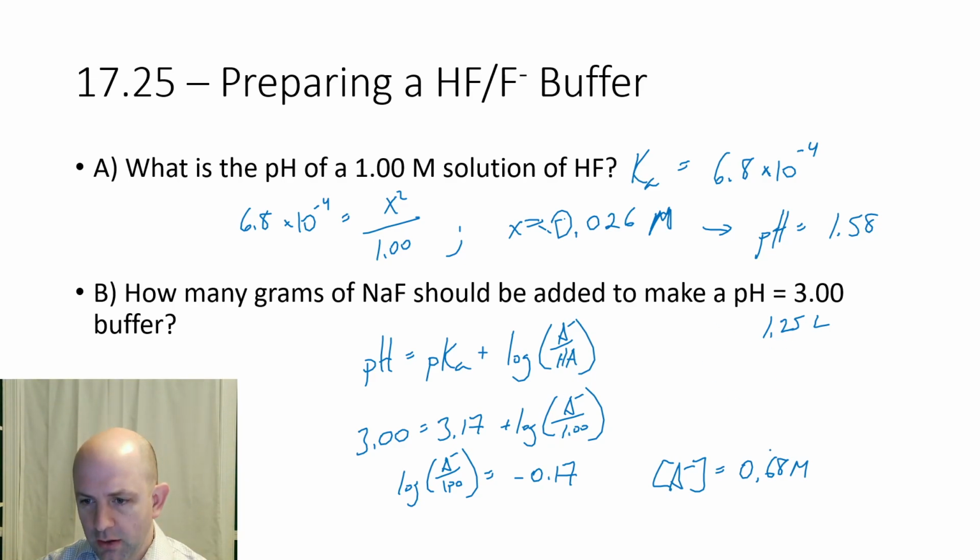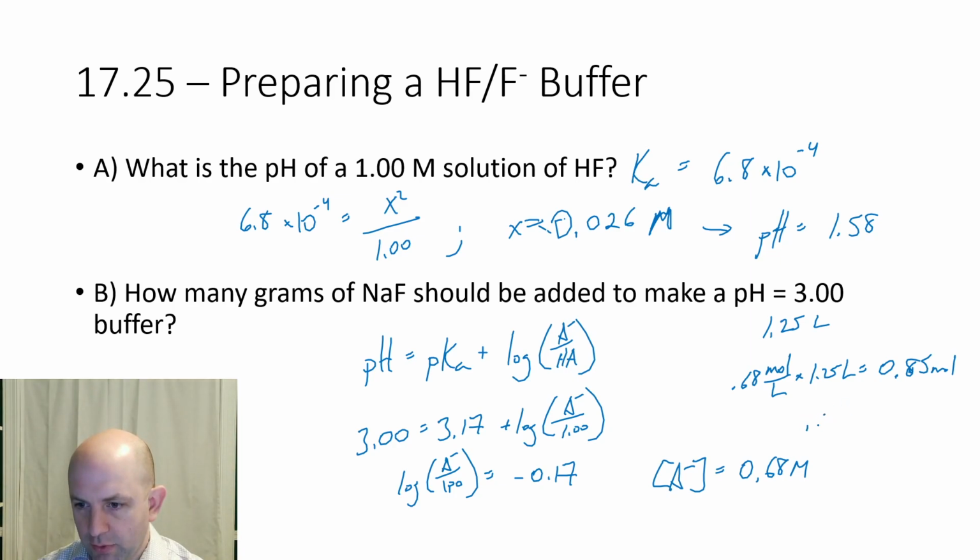Well, now we just got to say, if I need 0.68 molar in a 1.25 liter solution, we just say, okay, 0.68 moles per liter times 1.25 liters. That's going to be 0.85 moles.